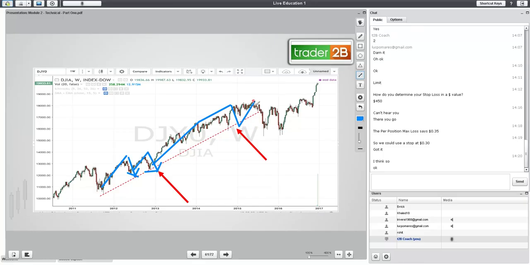Even in these areas, where the market is now going sideways, as long as there is no macro change, the fundamentals should suggest that the market should continue to move upwards.